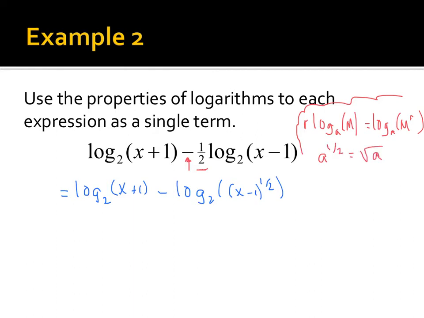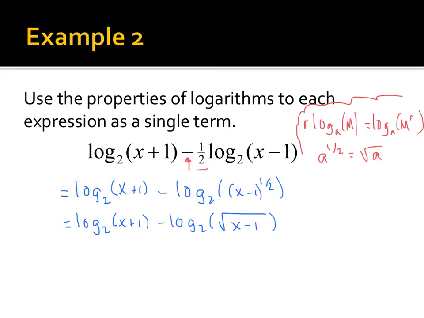So we can simplify this a little further. This is the log 2 of x plus 1 minus the log 2 of the square root of x minus 1. Okay, so it looks a little bit nicer.